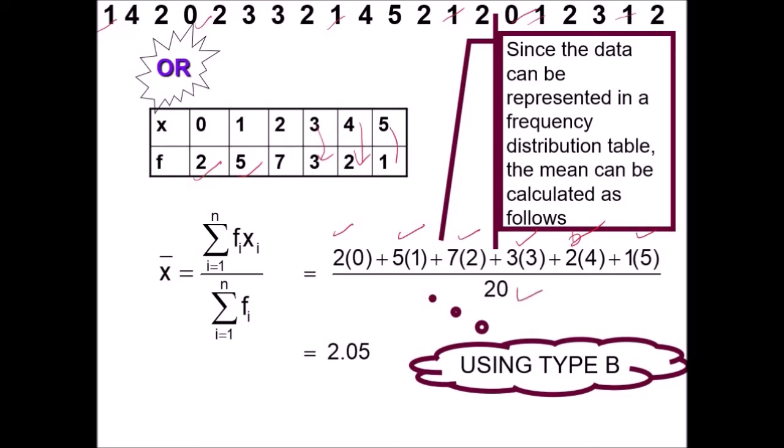Divide by the total frequency, which is 20. You will get the same answer as before. The mean for this data is 2.05.